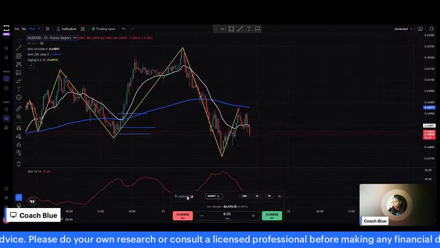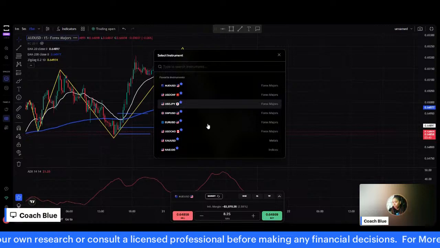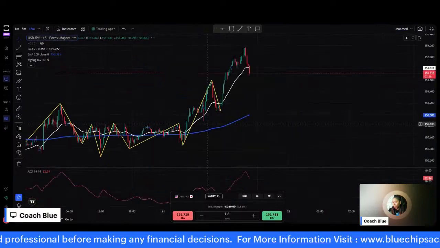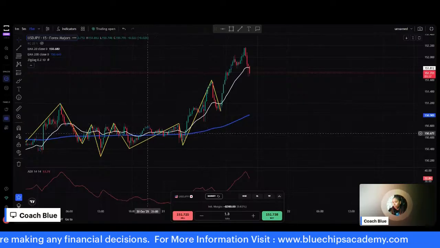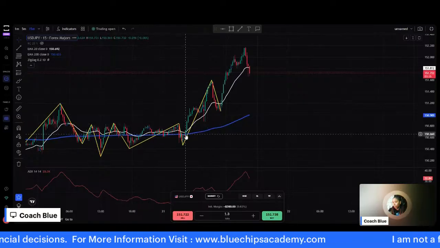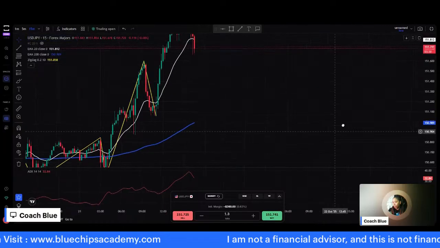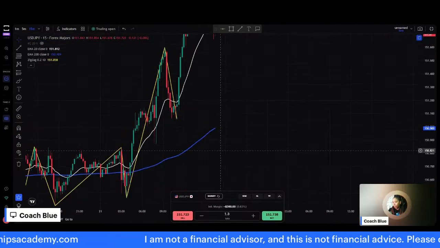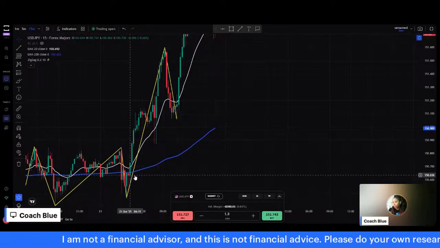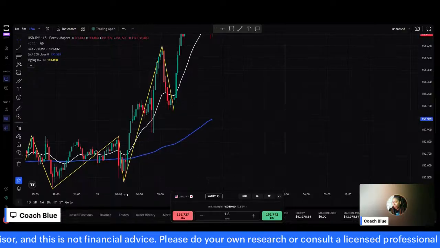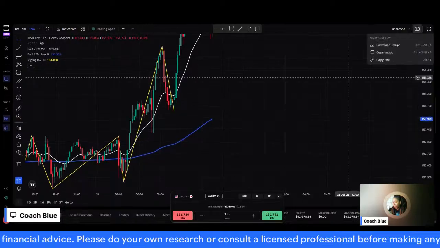USD JPY had some movement too. With USD JPY, we got a little crossover here. Price off the 200. This would have been a great entry. Price near the 200. Let's see, what was our ADX on this one?